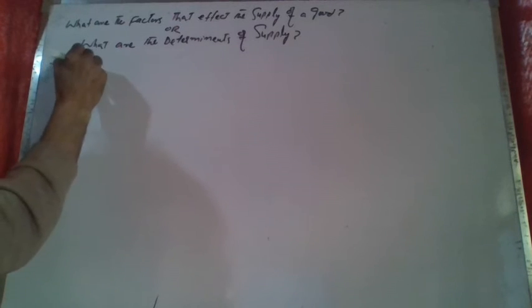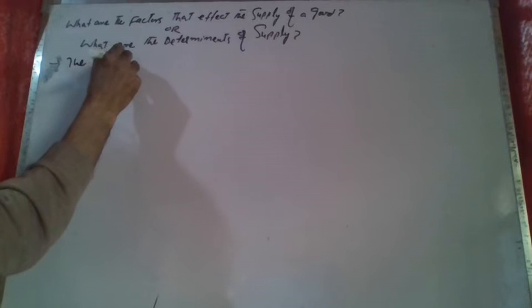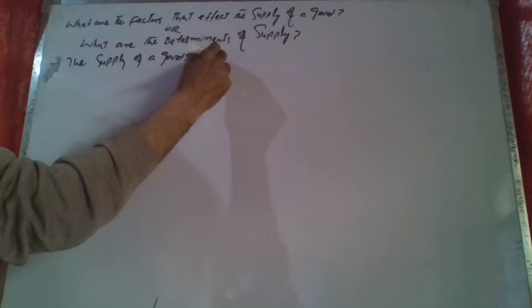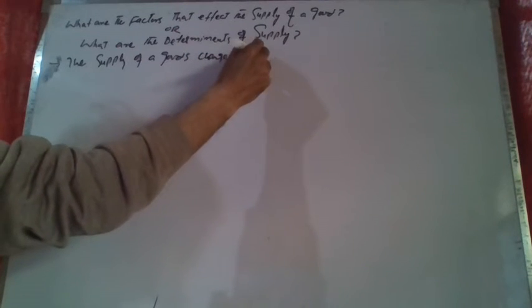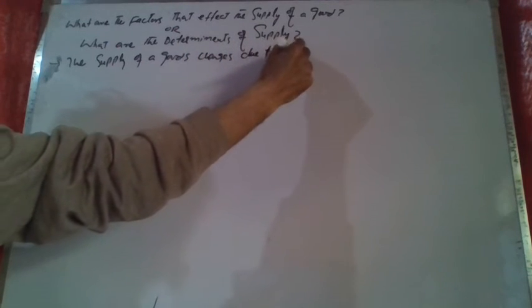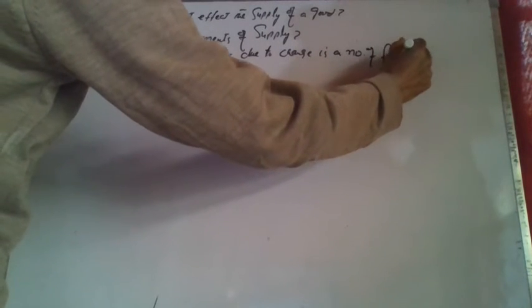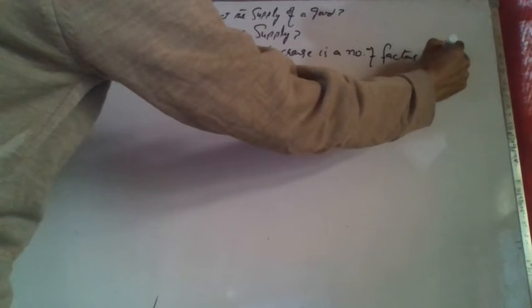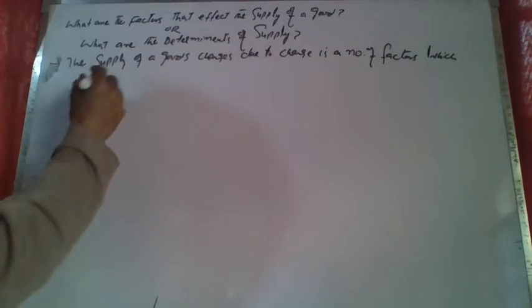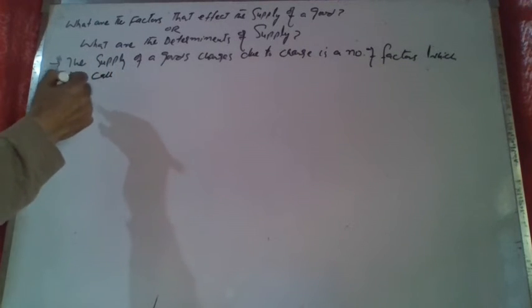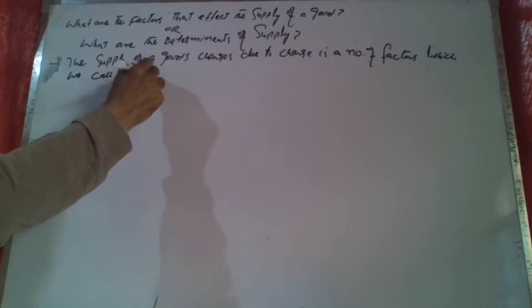So the supply of a good changes due to change in a number of factors which we call, or whom we term, determinants of supply.